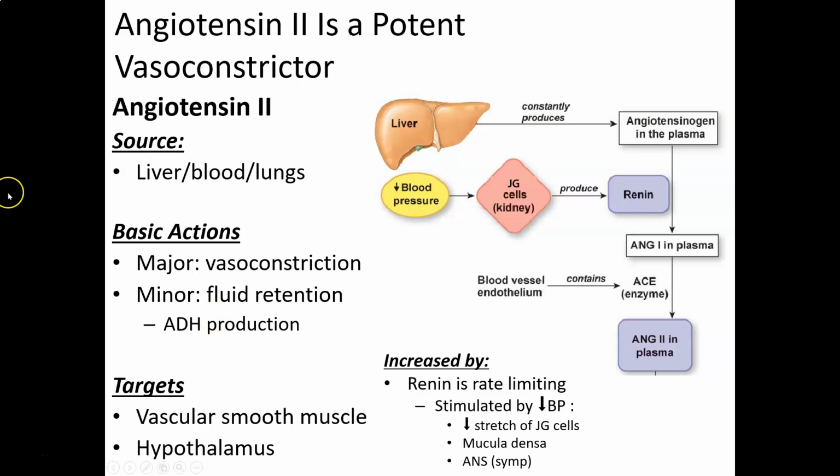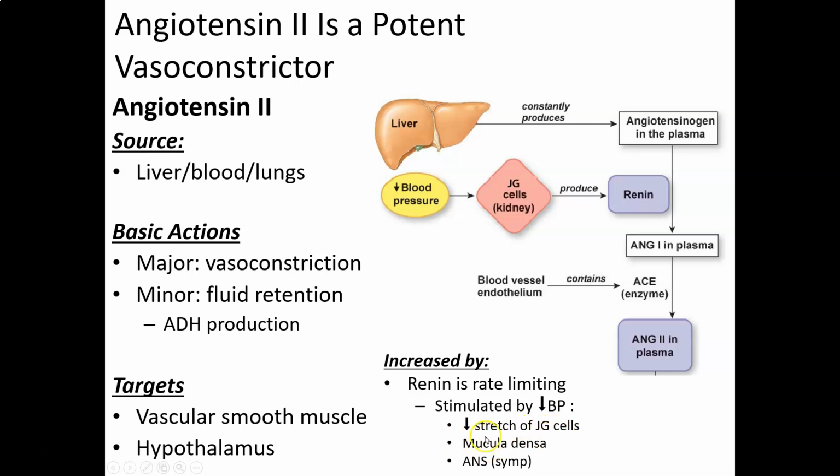And it seems like the rate limiting step, the step that really makes a difference in the speed of how this works, is renin. Okay, and so that's the rate limiting step, and the more renin we have, the more angiotensin 2 we have. So renin is stimulated by a decrease in blood pressure. A direct decrease in blood pressure will cause less stretch of the JG cells, and that would release renin.